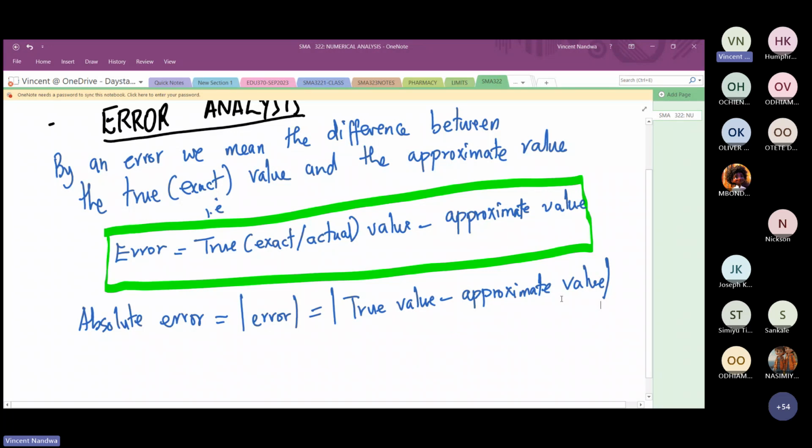And when we say absolute, we mean that if the number has a negative sign, then we are ignoring the negative, so only taking the positive quantity of the number.